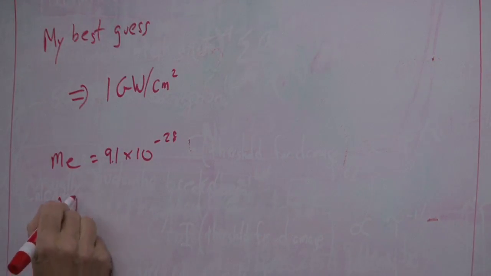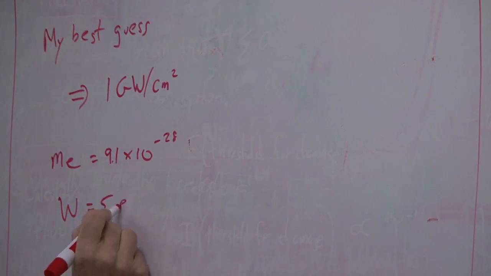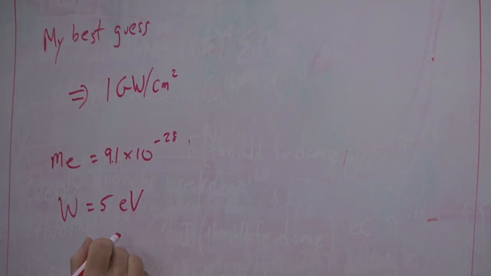For W, I took 5 electron volts. For tau, I took 10 to the minus 15 seconds. And for the laser pulse duration, I took 1 nanosecond.